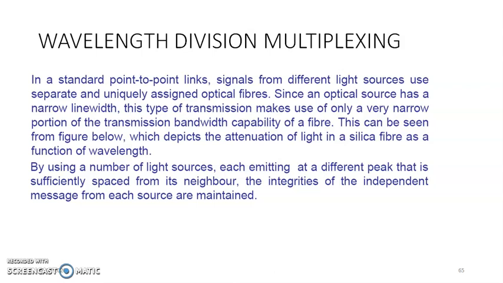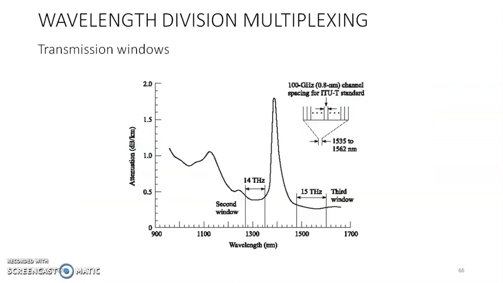So if you consider a single source, the transmission occurs through the fiber with a very narrow bandwidth. Instead of a single wavelength, if you go ahead with multiple wavelengths propagating through the fiber, we need a number of sources to propagate the signals.